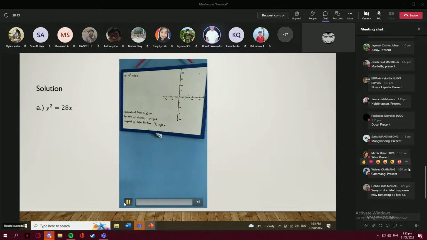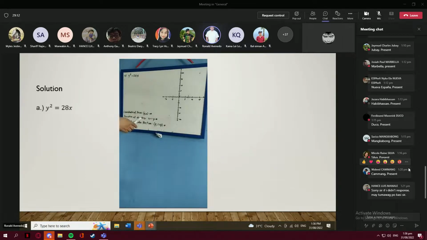Find the coordinates of the focus and the equation of the directrix for each parabola. Draw the parabola, its focus, and directrix. So the first equation is y squared is equal to 28x. So we're going to find the coordinates of the focus. We have here the guide, p, 0.